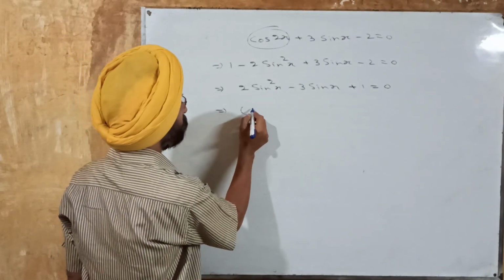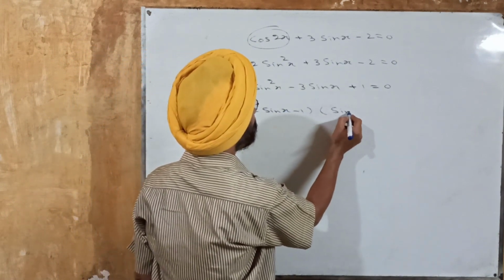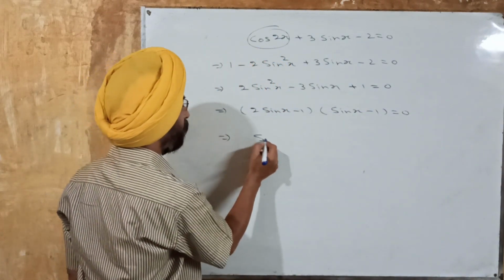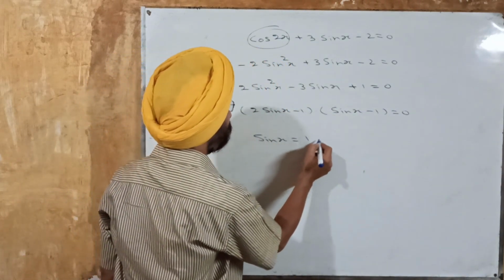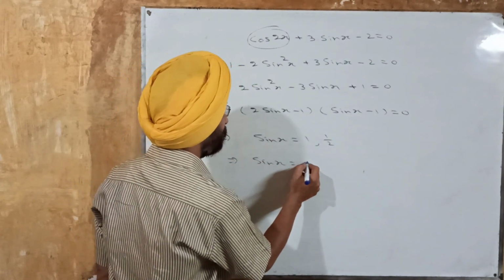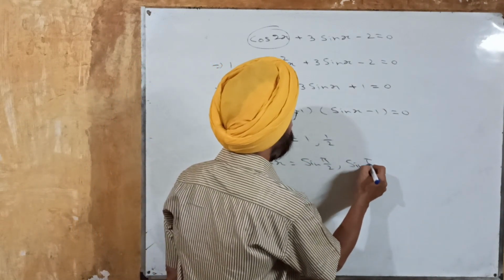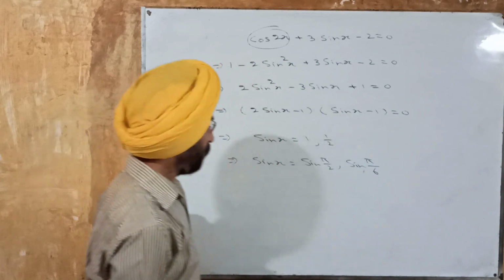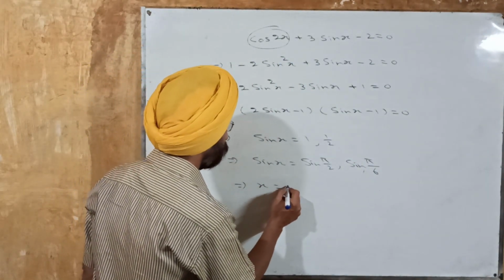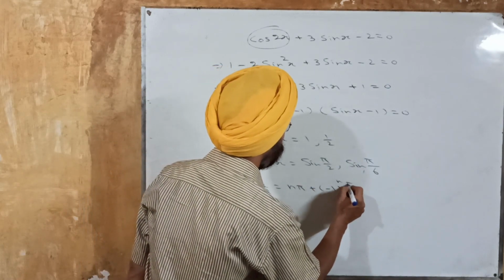And now, what you have to do is factorize this equation. You will get 2 sin x minus 1 and sin x minus 1 is equal to 0, which will give you two values for sin x, 1 and 1 by 2. So this means your sin x is sin pi by 2 or sin pi by 6. If you take sin x is equal to sin pi by 2, the solution will be x is equal to n pi plus minus 1 raised to the power n pi by 2.